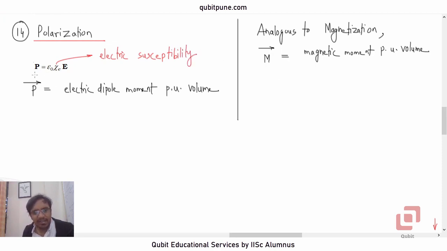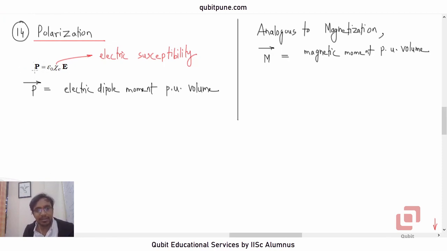Well, I don't think any sum will come from this particular formula, but please remember that polarization inside a dielectric and electric field inside, they are related to each other. If you place a dielectric in an external electric field E bar, then it gets polarized.